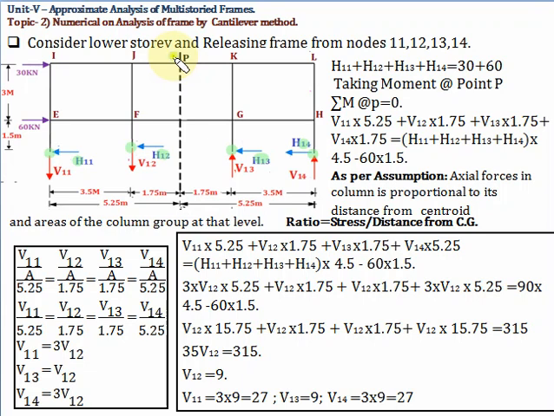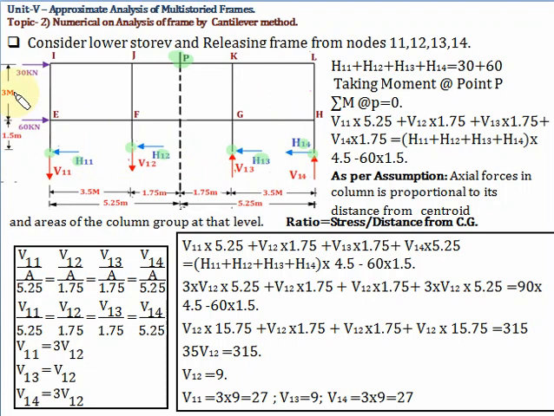Now taking moment at point P, so V11 multiply by 5.25, then V12 multiply by 1.75, V13 multiplied by 1.75, V14 multiplied by 5.25, equal to H11 plus H12 plus H13 plus H14, all are acting in this way.